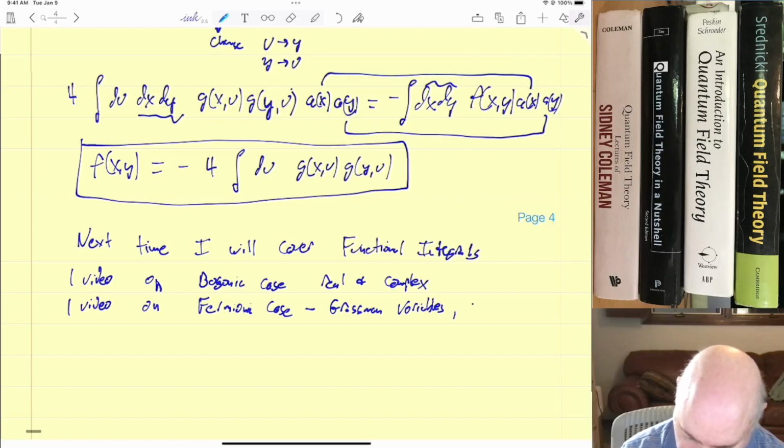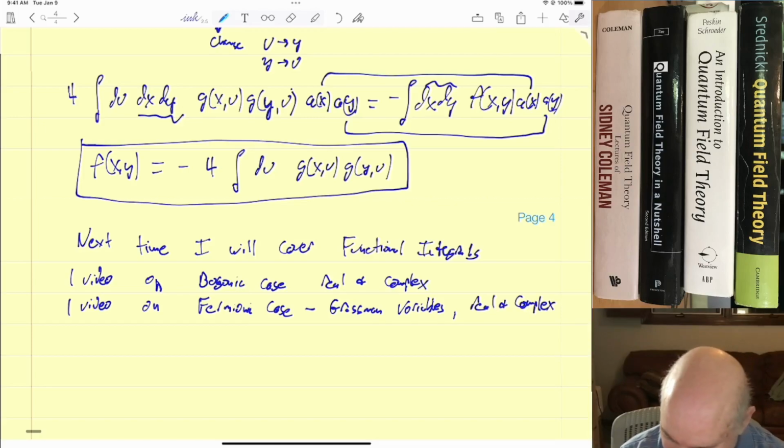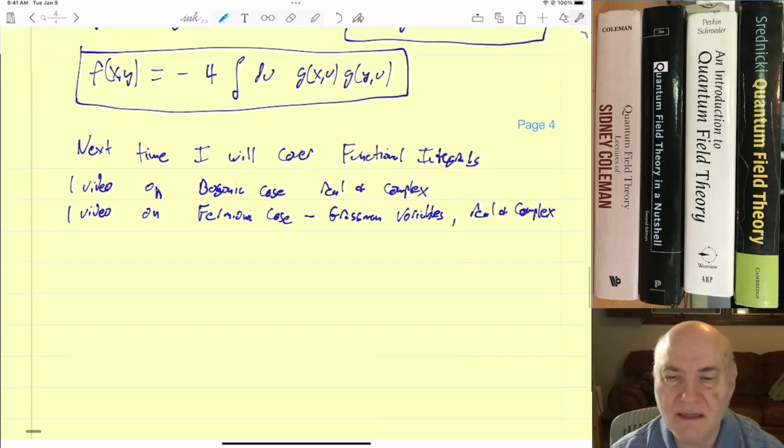And we'll do the real and complex case as well. The idea of complex Grassmann variables really sort of annoys me, but that's the best we can do.